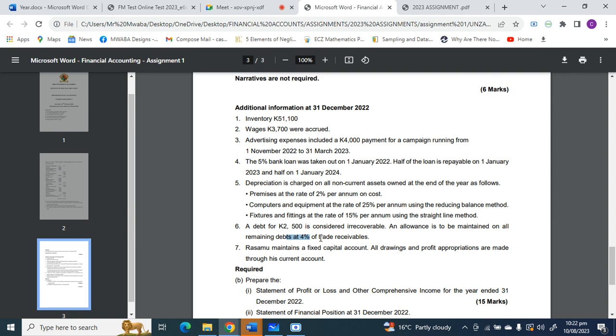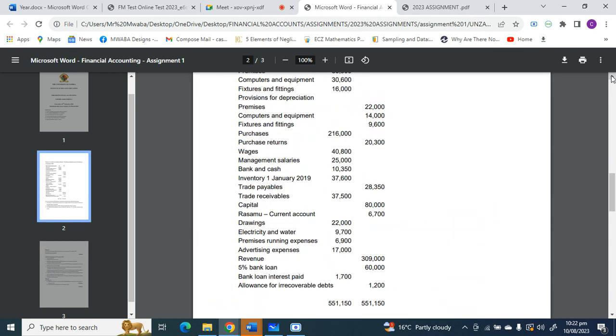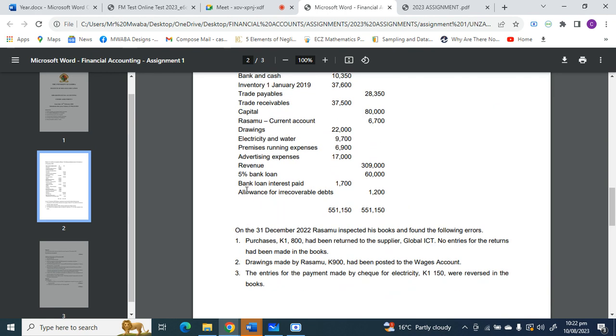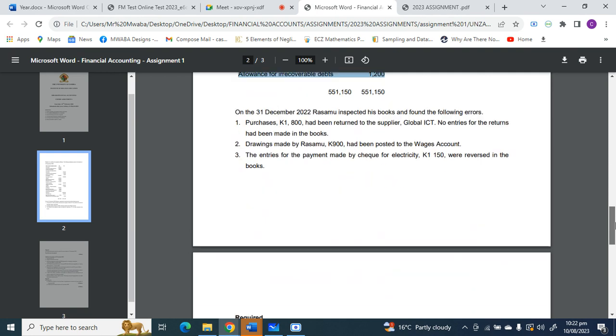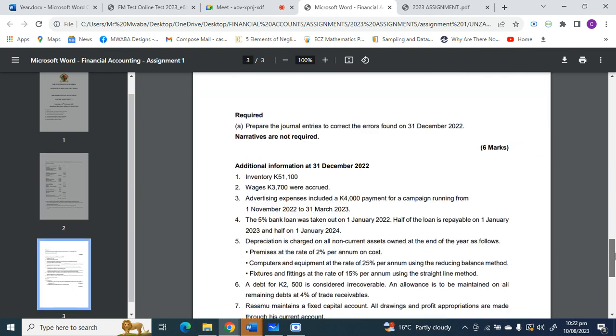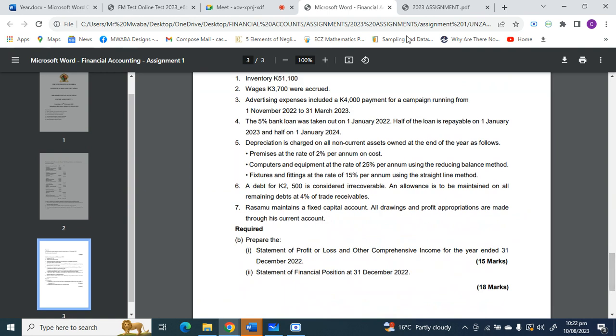So we have to find the new allowance for trade receivables, and we need to first check in our trial balance if we have an existing amount, which we do here. At the beginning of the year, we estimated we might not get 1,200 from our customers. Now, at the end of the year, what has our expectation grown to? So we calculate the allowance for receivables.